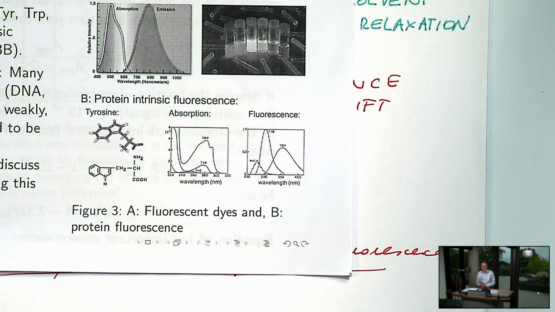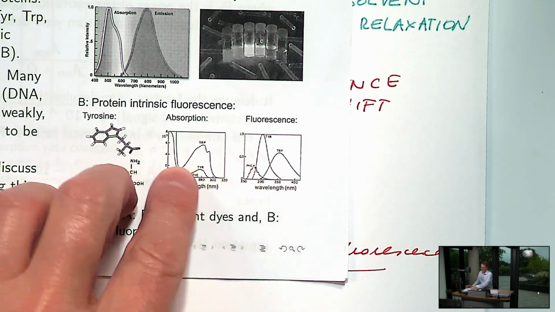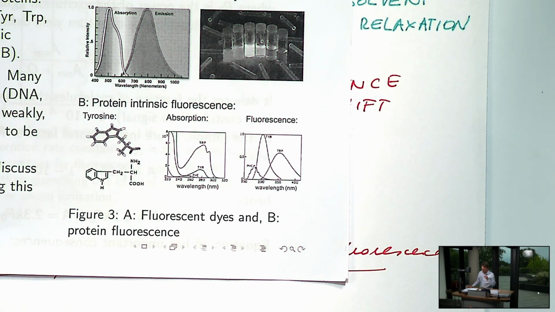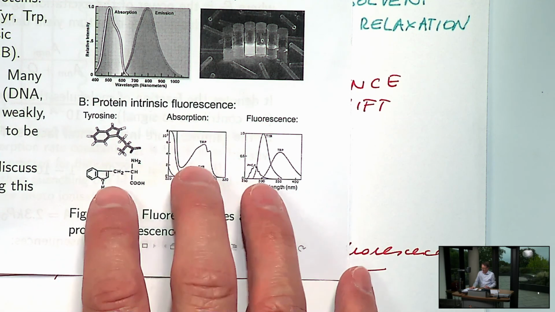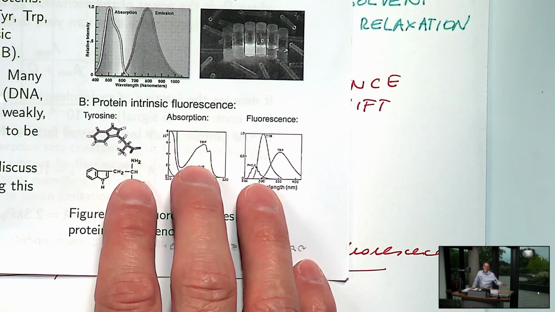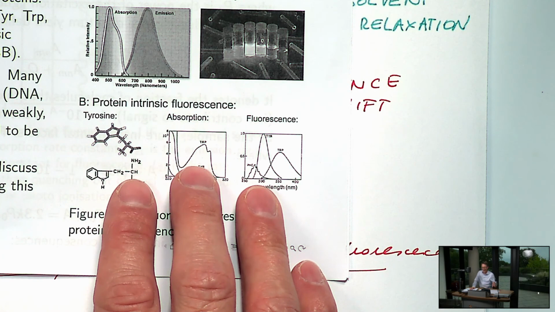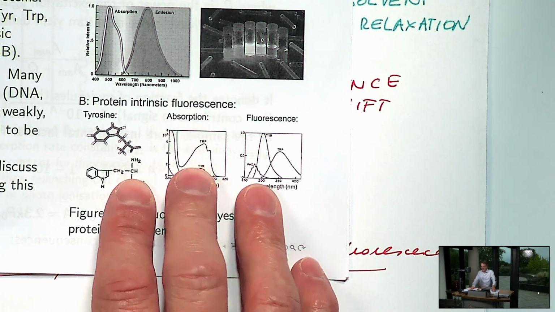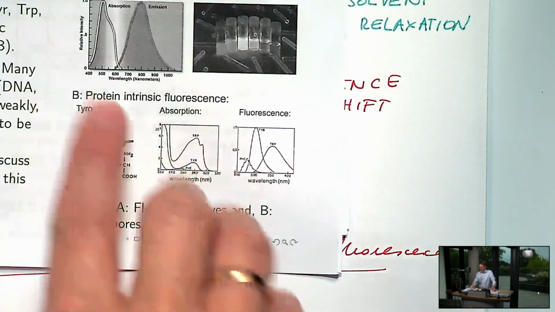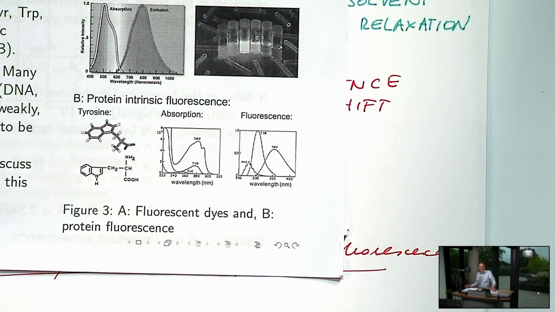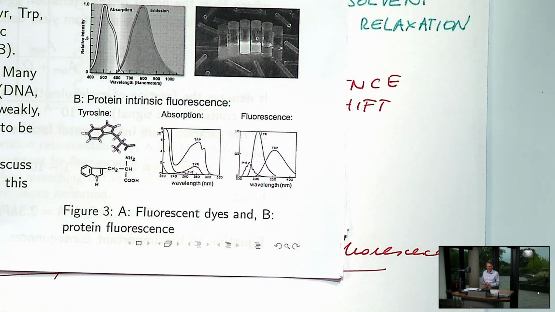So this intrinsic fluorescence is often not very useful, although you can deduce interesting things from it. Don't get me wrong on that, but for microscopy, if you really want to say whether a certain protein is present, you will not be able to determine this from the intrinsic fluorescence spectra of the proteins. You need to be more specific than that. The intrinsic signal is not specific to individual protein types.